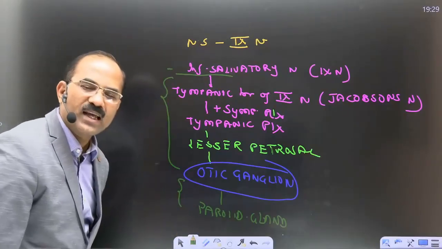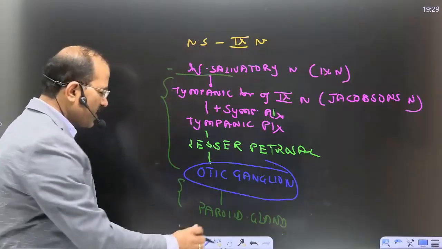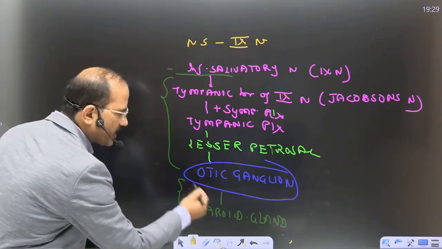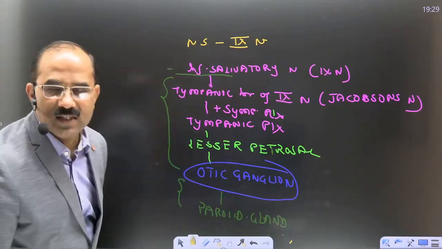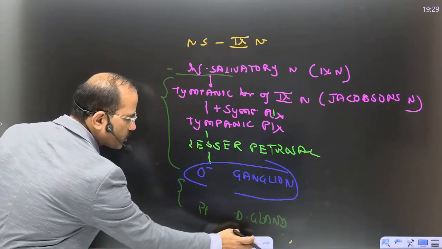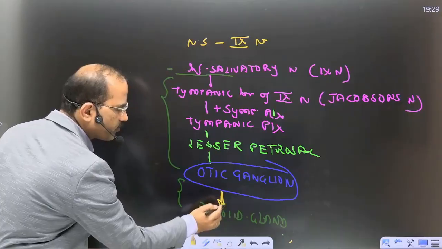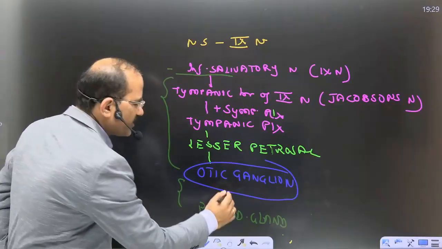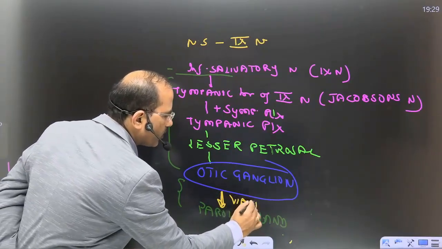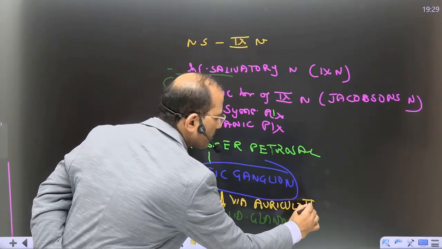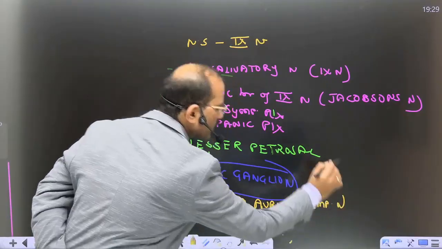And what are these fibers? The postganglionic fibers. Students, who is going to carry the postganglionic parasympathetic fibers from the otic ganglion to the parotid gland? It is carried by the auriculotemporal nerve.